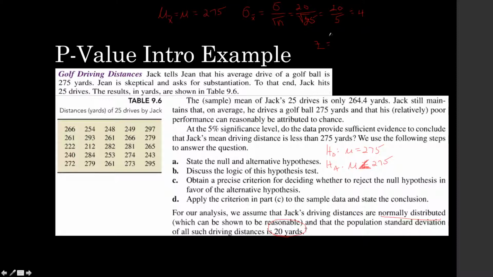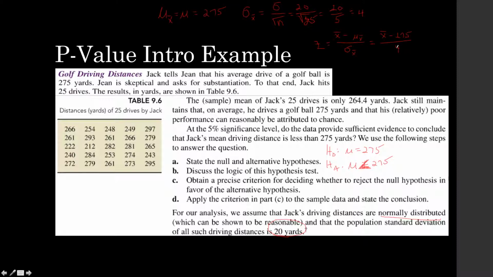So just like the critical value approach, it's the sample mean minus the mean of the sample means, all over the standard deviation of the sample means. So our test statistic is x bar minus 275 all over 4. Now, we solved this last time. This is part C we're in right now.